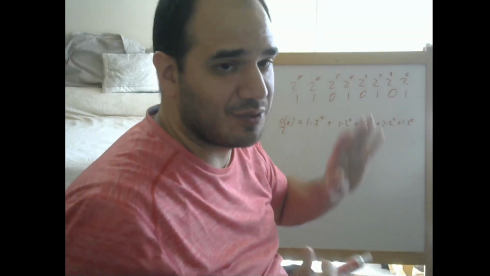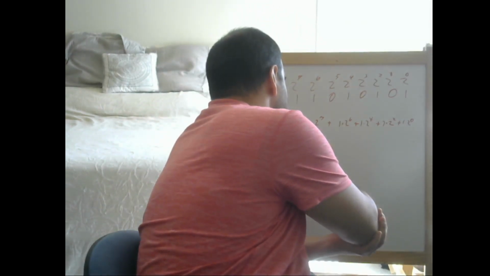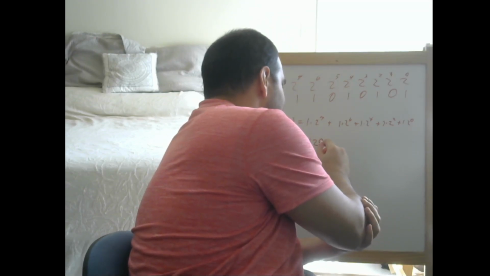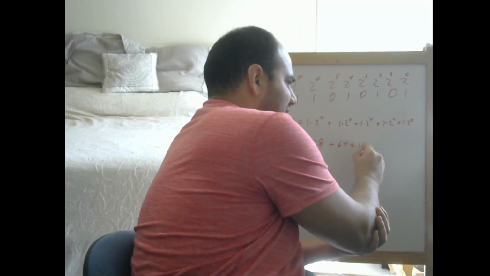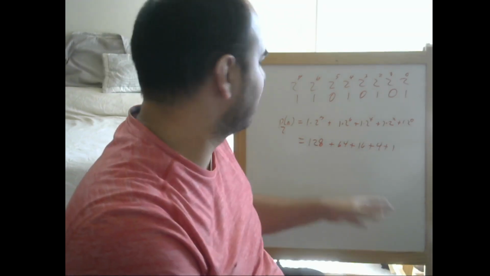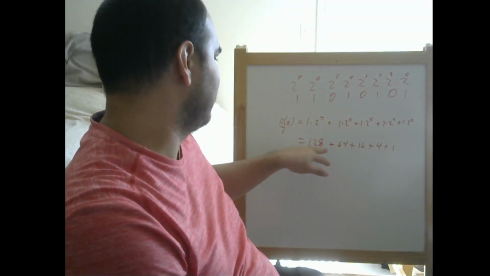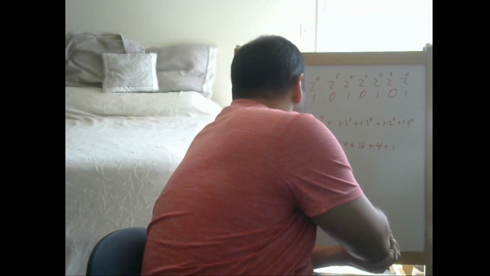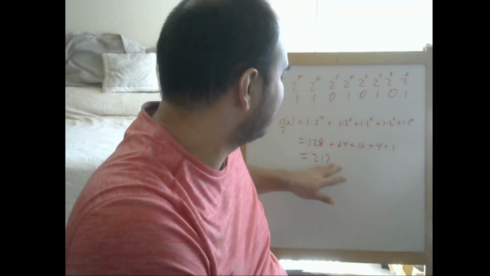We can convert these to decimal and then add them all up if we wanted to get the equivalent value. So 2 to the 7 is 128. 2 to the 6 is 64. 2 to the 4 is 16. 2 squared is 4. And then 2 to the 0 is 1. So when we add these up, we get 85, 80, 208, 213. Okay. So that's our decimal representation.